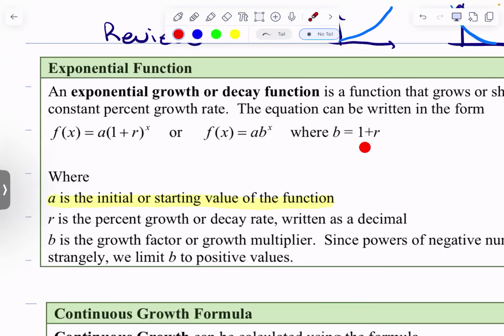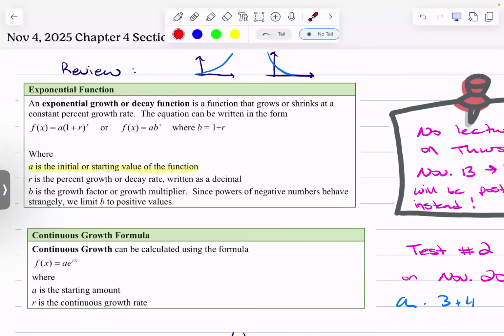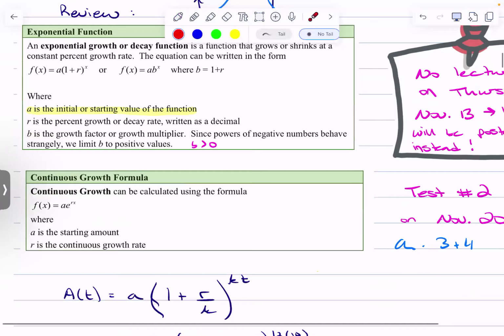And b, of course, you could replace with 1 plus r if you needed to get back to the original equation. But it depends on what you're given. We're going to limit b to positive values, and we talked about why that is, but b is going to be greater than 0. Not including 0, because 0 times anything is just going to make 0, and we're not interested in that. And so we limit b to be greater than 0, because negative powers of negative numbers are weird.